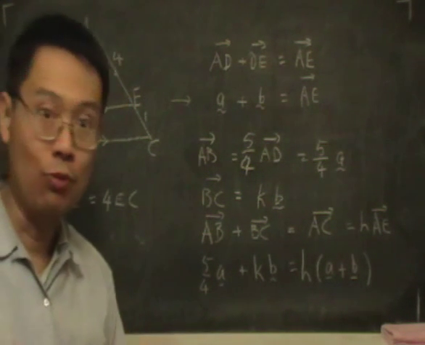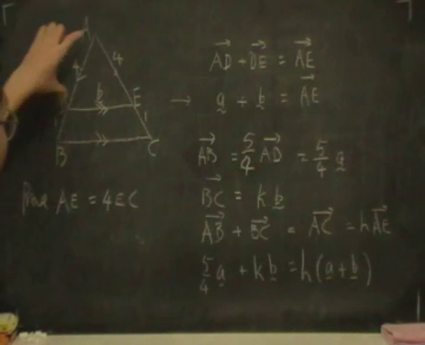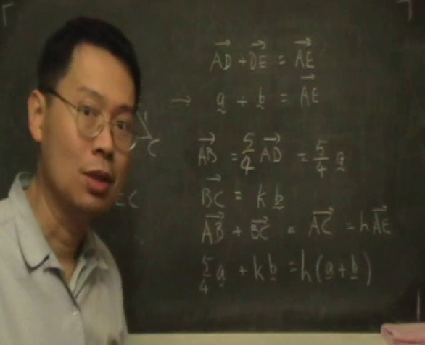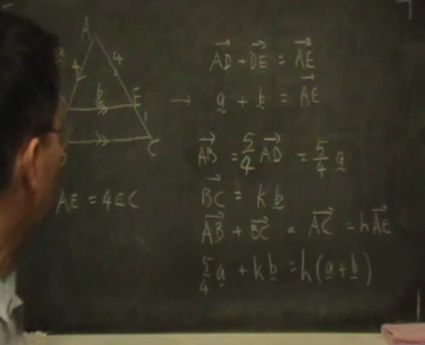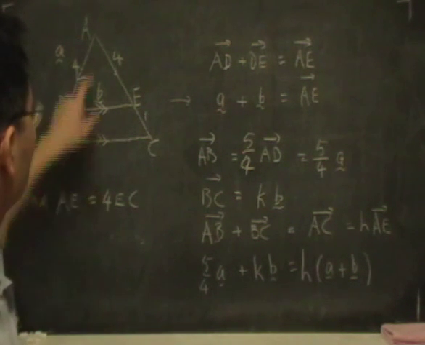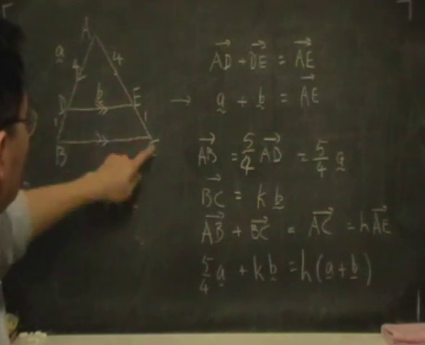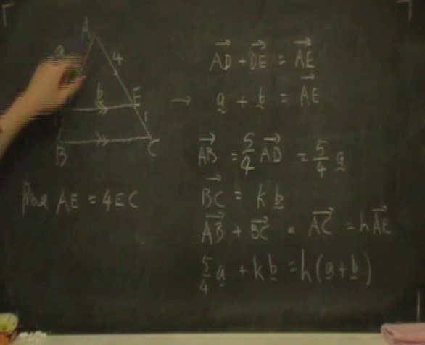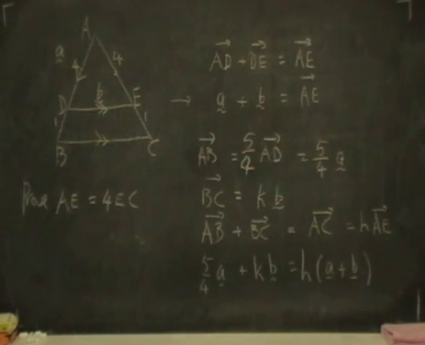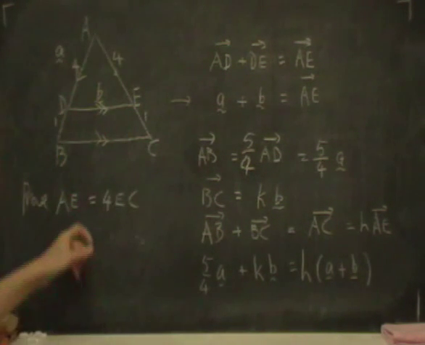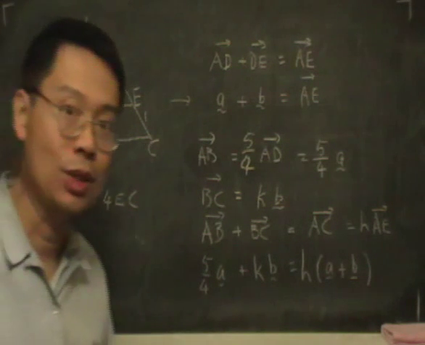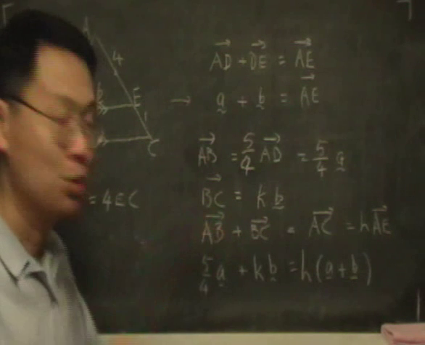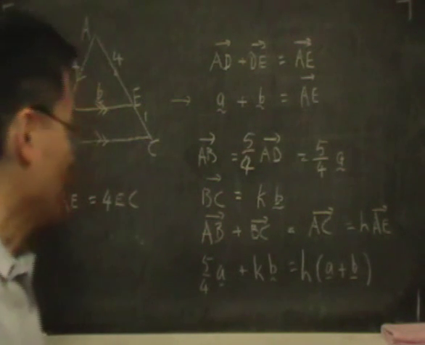And we know that in similar triangles, the ratios of the corresponding sides must be equal. So from this simple fact alone, we already know that the ratio of AC to AE must be the same as the ratio of AB to AD. And we can get the answer quite easily using similar triangles instead of having to go through all this vector algebra.